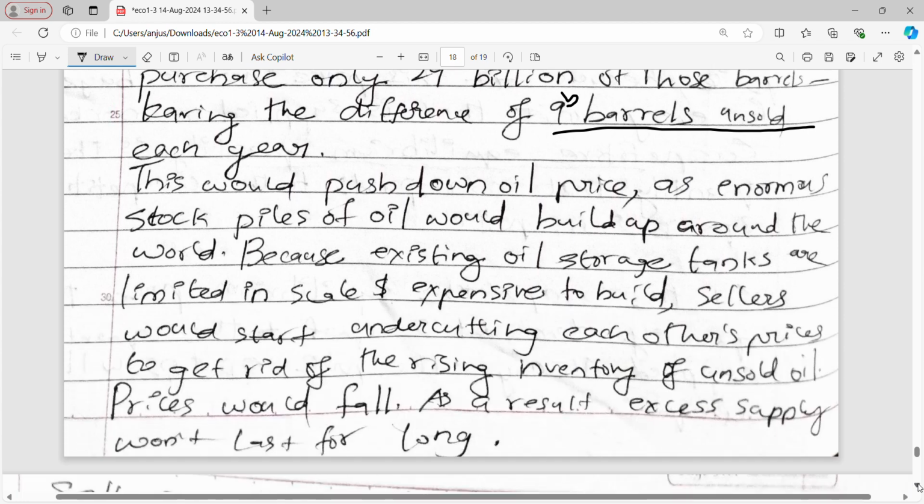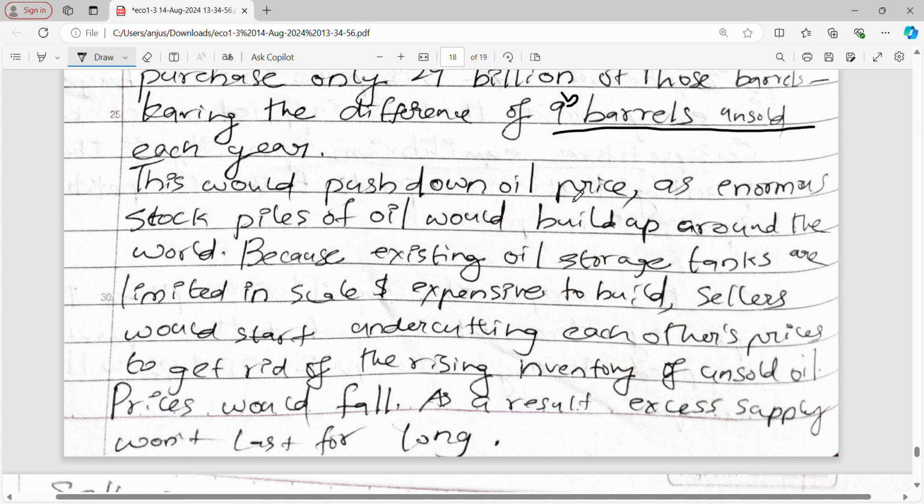This would push down the oil price as enormous stockpiles of oil would build up around the world. Right, 9 billion barrels of oil get piled up in the world. More than enough quantity is being produced.